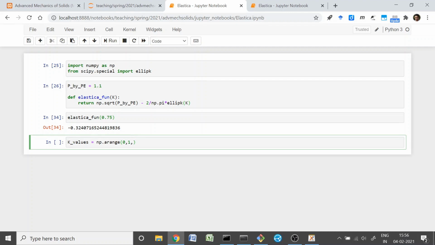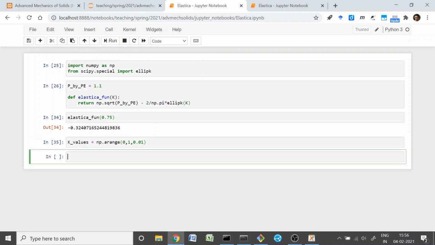Let's say like that. Where 0 is the lower limit of this range, 1 is the upper limit of this range, and the 0.01 stands for the increments within this. I could easily take 0.001, that is only going to increase the number of values of this k values variable. Okay, so I have that.